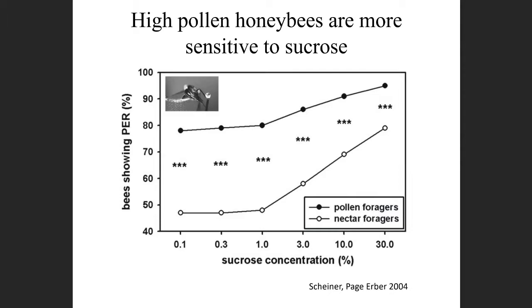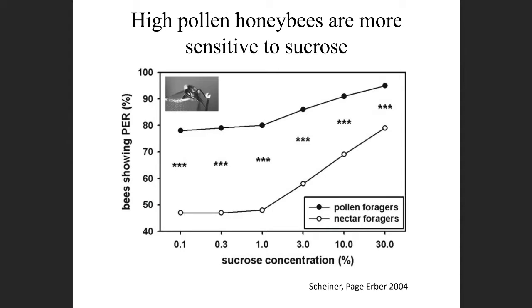And then what they discovered was, well, it wasn't that they learned faster, it was that they would learn at a lower sugar concentration. And that was shown using this reflex even without an associated odor.